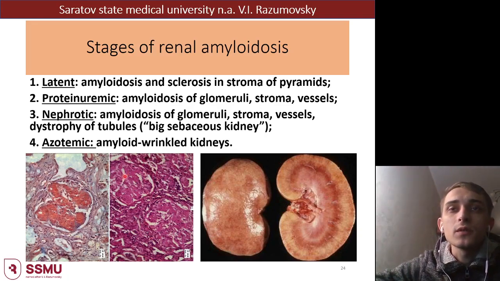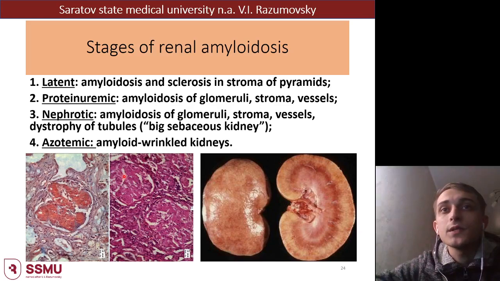What is the difference? The difference is the method of staining. In this part of the slide, we may see the result of elective staining for amyloid. It's a result of staining with Congo red. On this part of the slide, we may see usual histological staining by hematoxylin and eosin.